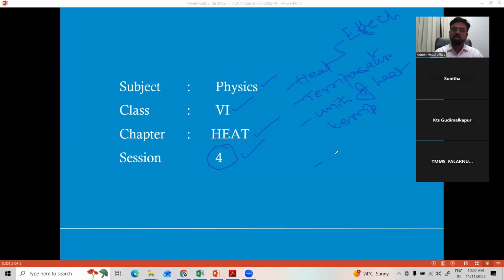The branch which deals with the study of heat is called calorimetry. The branch which deals with the study of temperature is called thermometry. Then we learned about thermometers, which measure temperature.